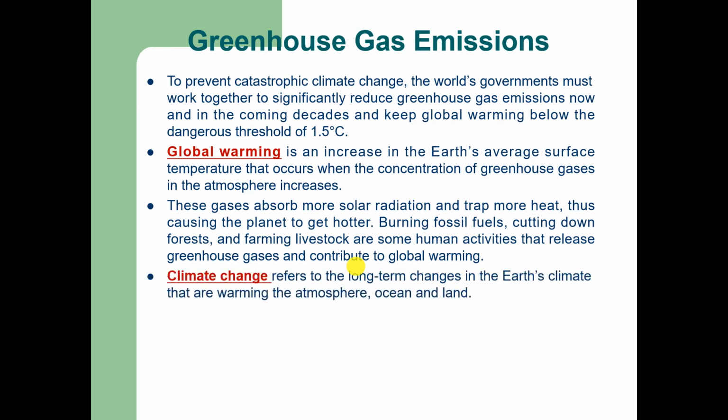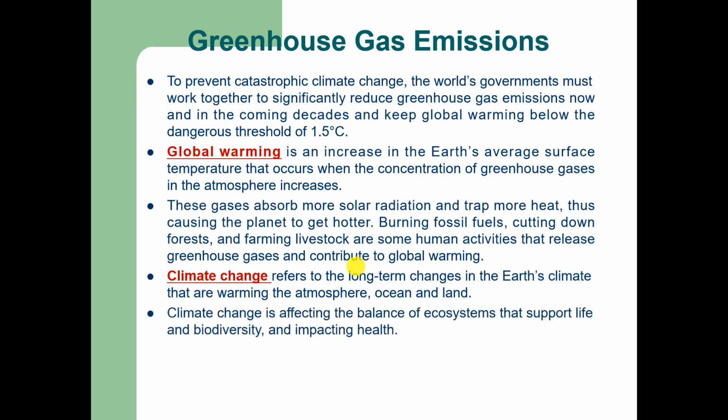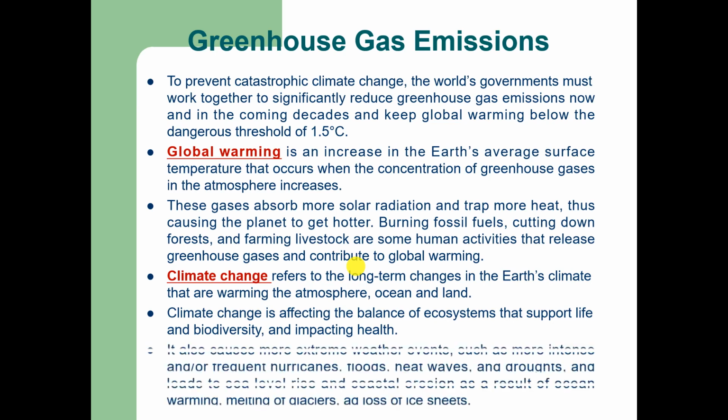global warming. As I mentioned before, climate change refers to the long-term change in the Earth's climate that are warming the atmosphere, ocean, and land. It is affecting the balance of ecosystems that support life and biodiversity, and it impacts human health.